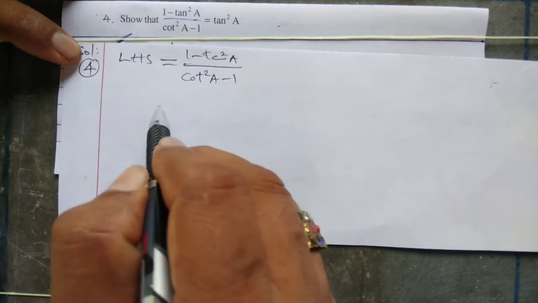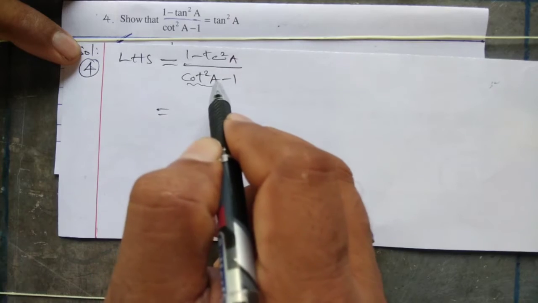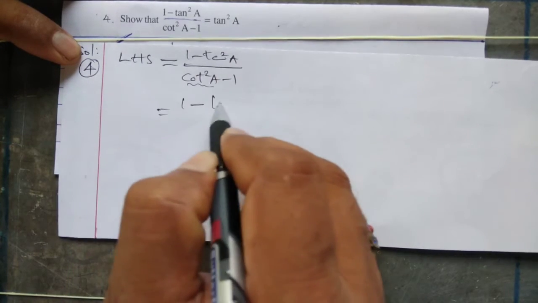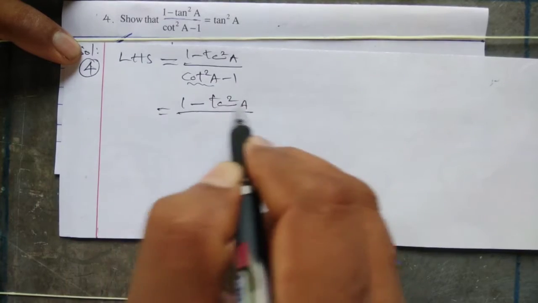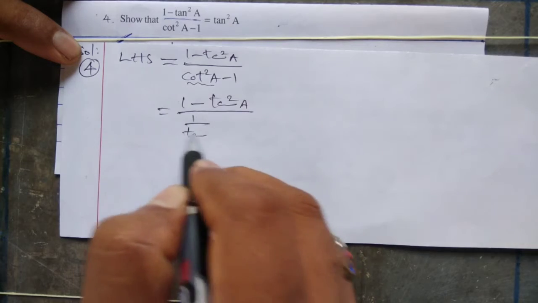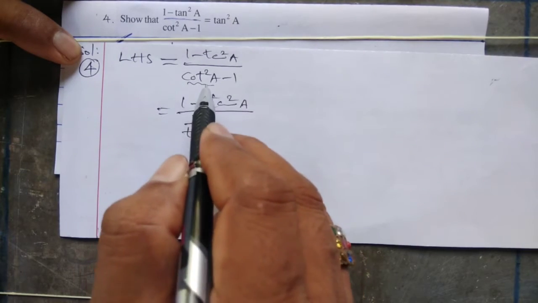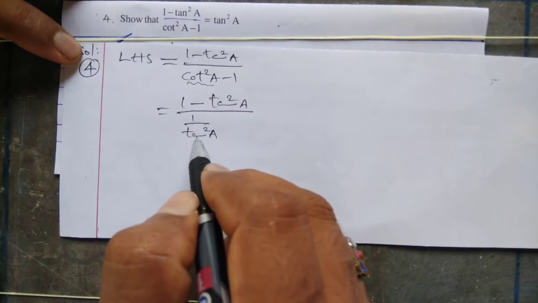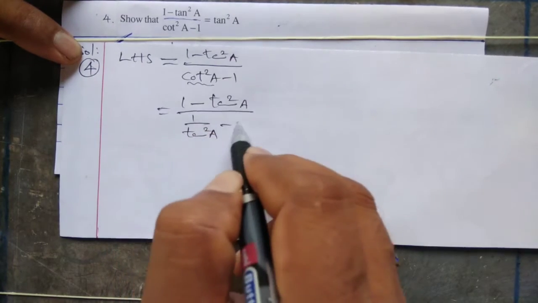Now I will change this cot square in terms of tan square. Cot is the reciprocal of tan. That's why cot square A is equal to 1 by tan square A.